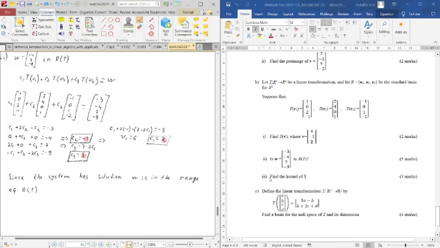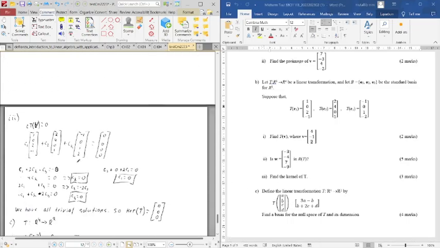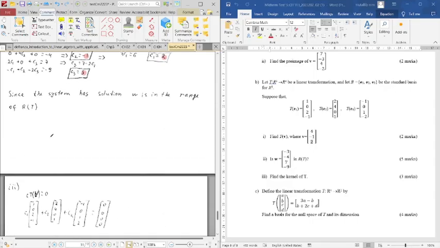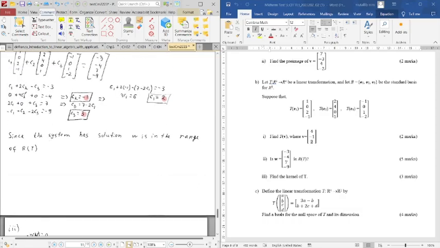For the third question, it said to find the kernel of T. To find the kernel, it should be C times the transformation of the given vectors equals 0. The kernel, in other words, is called the null space. So to find the null space, we multiply some constants by the given vectors, sum all of them and make it equal to 0. We will have the same system, but here the right side would be 0, 0, 0 and 0.